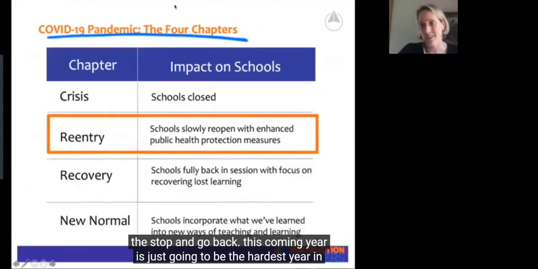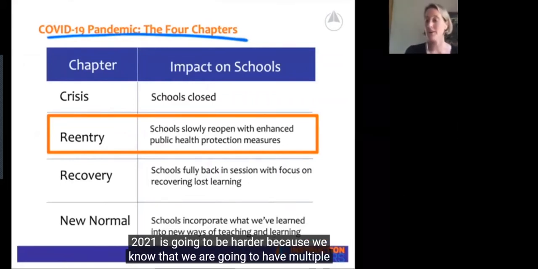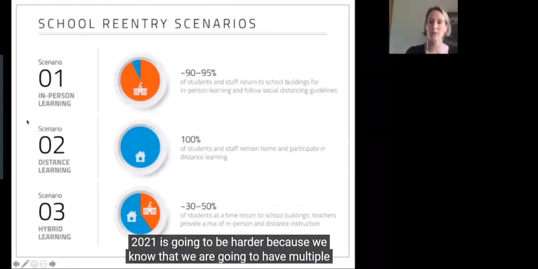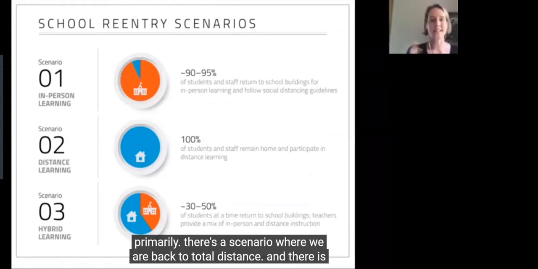This coming year is just going to be the hardest year in education. I know 2020 was crazy. I have to tell you, 2021 is going to be harder, because we know that we are going to have multiple scenarios likely of learning. There's a scenario where we have in-person primarily. There's a scenario where we are back to total distance.